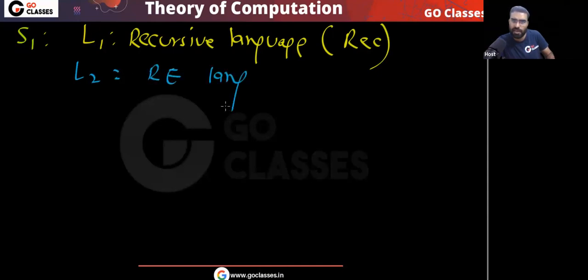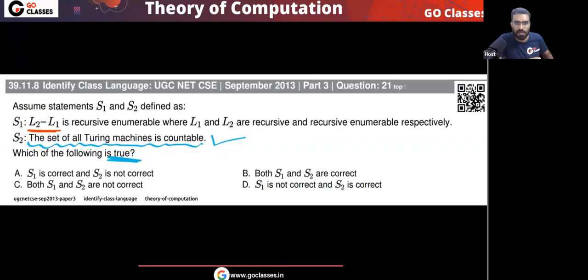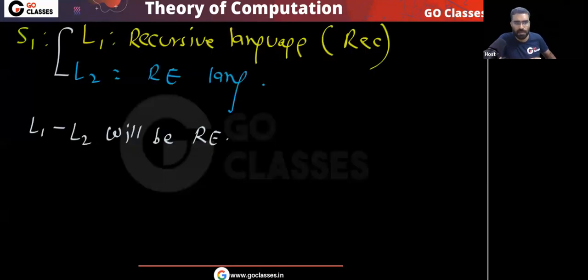If L1 is recursive and L2 is recursively enumerable, then can I say that L1 minus L2 will be RE?